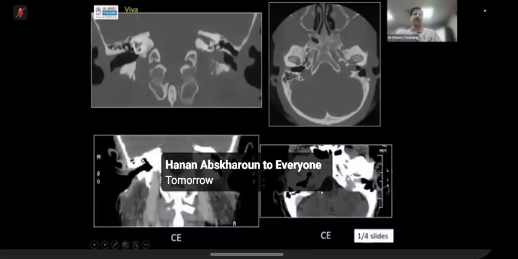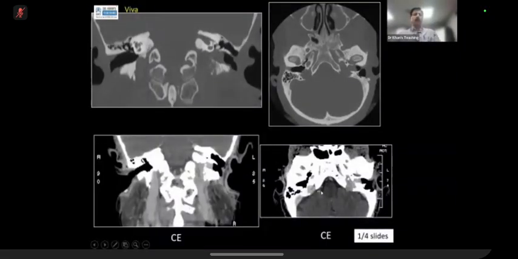Okay, this is your last case, and then we'll go to candidate 4. Now, candidate 3, let me talk you through this case. We've got bone windows. We have got some specks of calcification here in the middle ear cavity. We can see a bit of change around the jugular foramen.